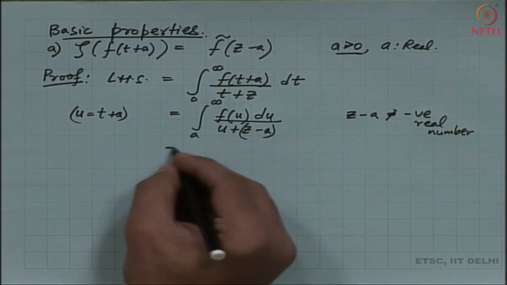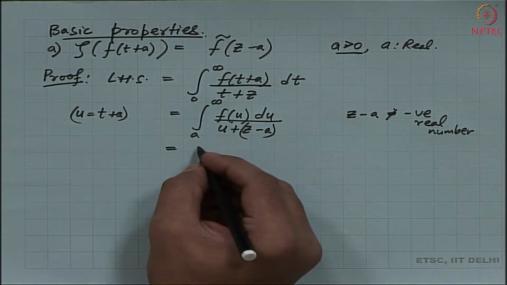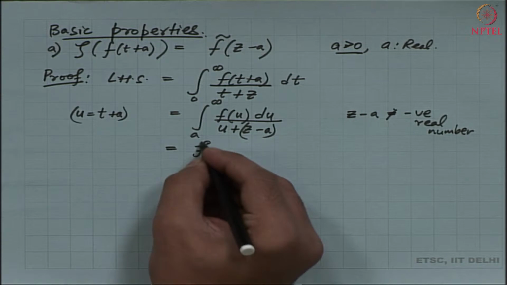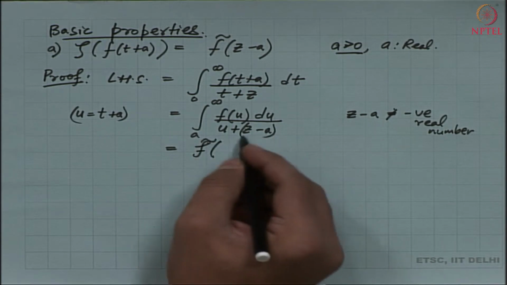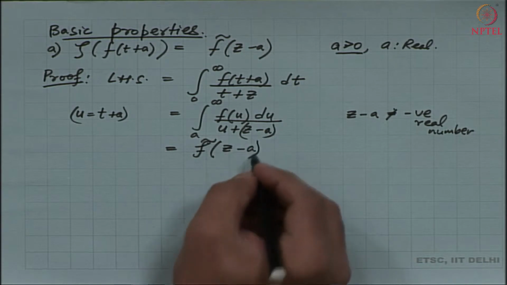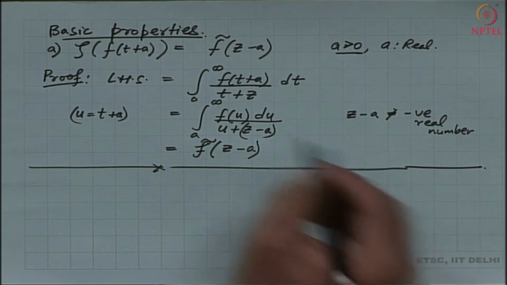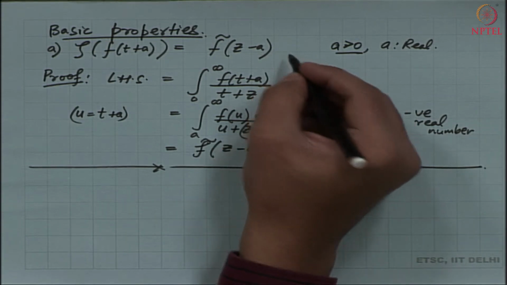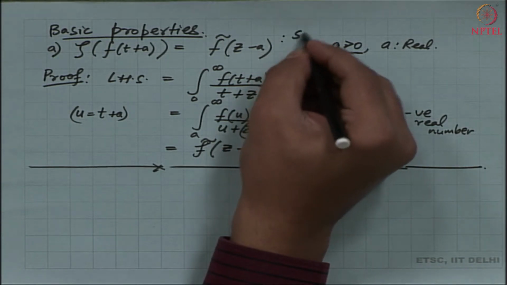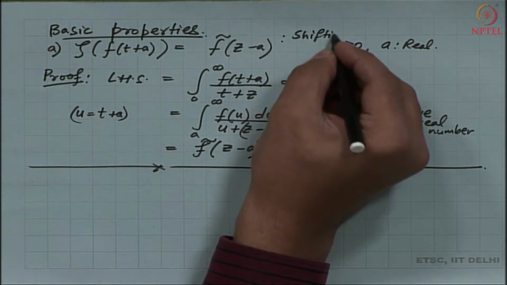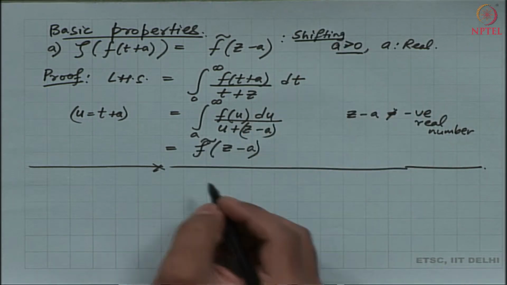So, this integral is the Stieltjes transform of f at the argument z - a. I call this property the shifting property of the Stieltjes transform.